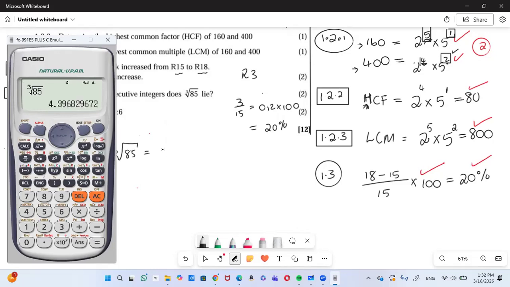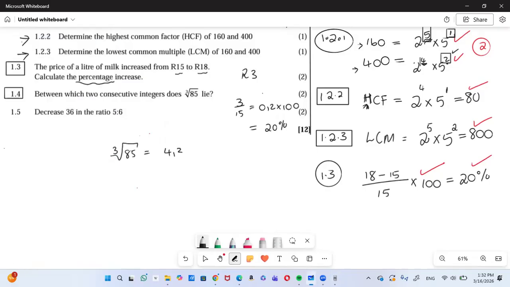So now this cube root, they're saying it is 4.3, right? So now on our timeline, let's say we have a timeline which is 1, 2, 3, 4, 5, and so forth. Where does 4.3 lie?